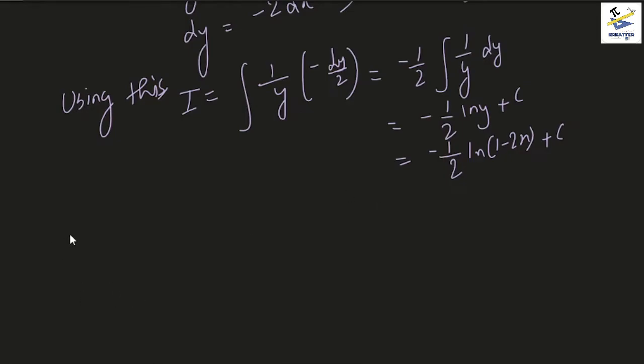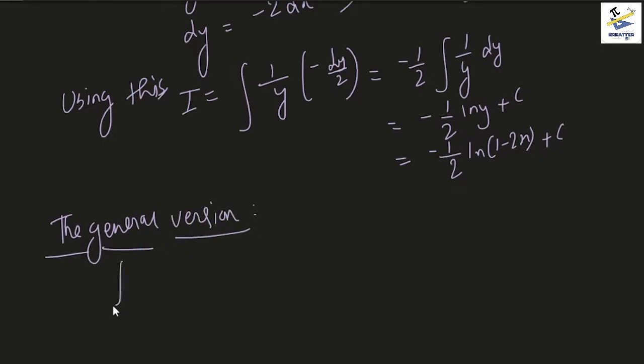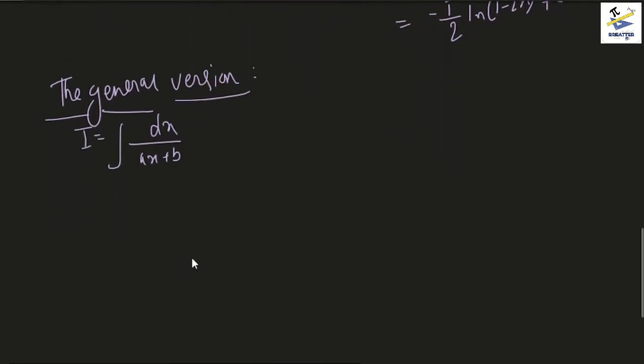So the general version for this type of integral is dx by ax plus b, and you can evaluate it. So let us name it as I. Substitute y equals to ax plus b.